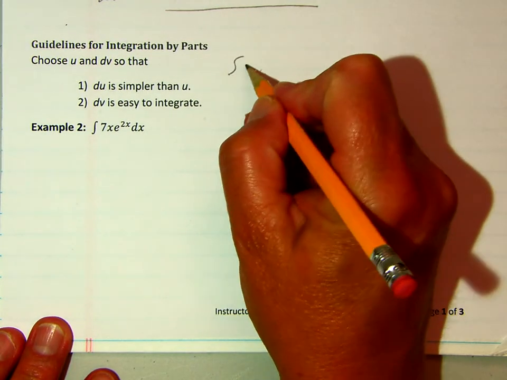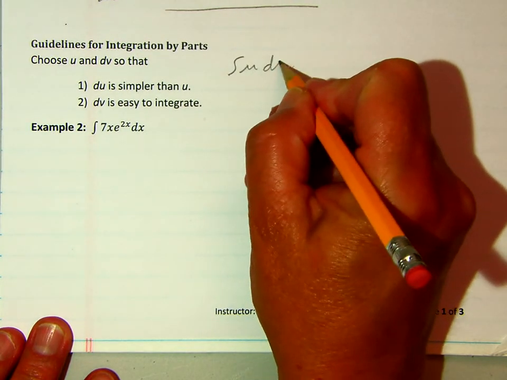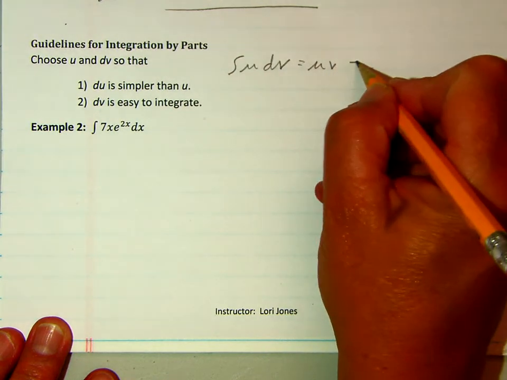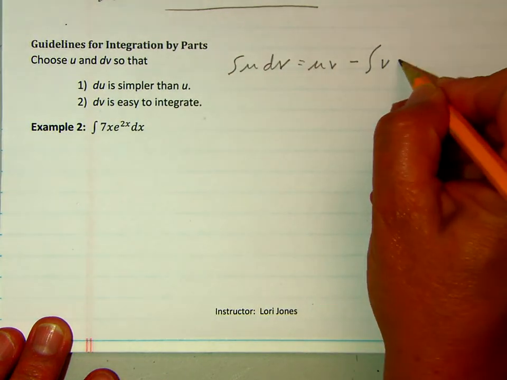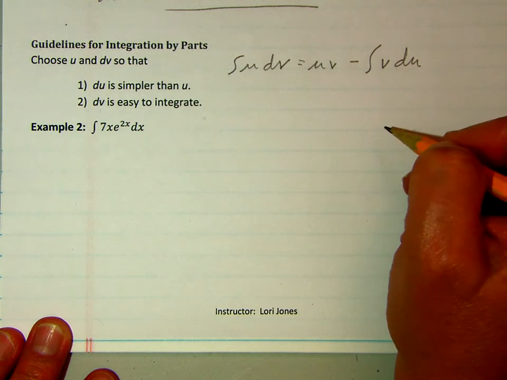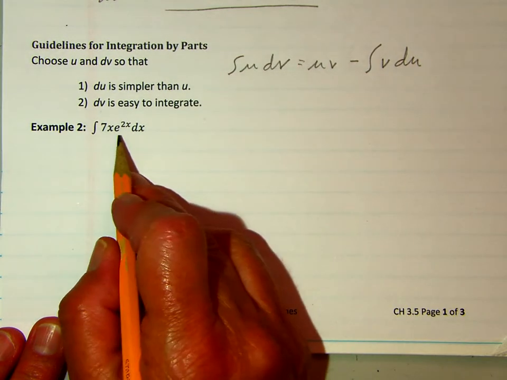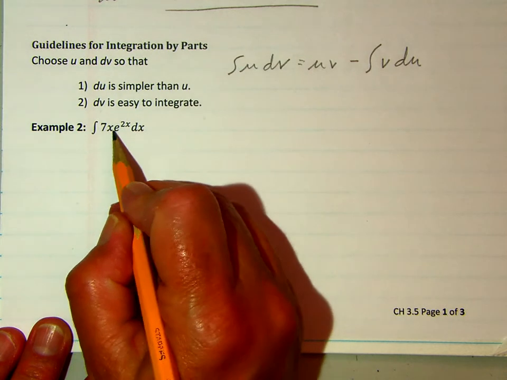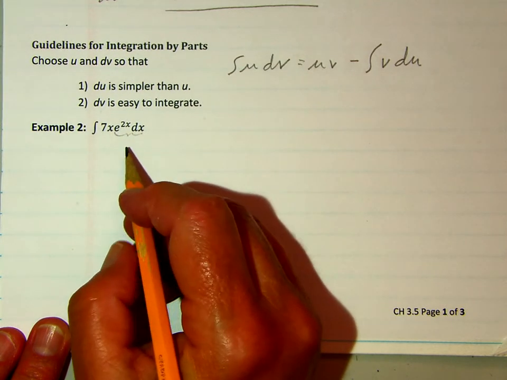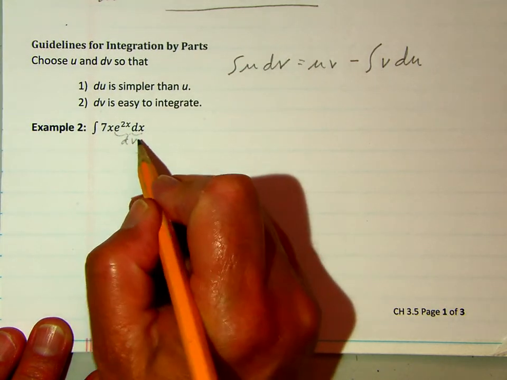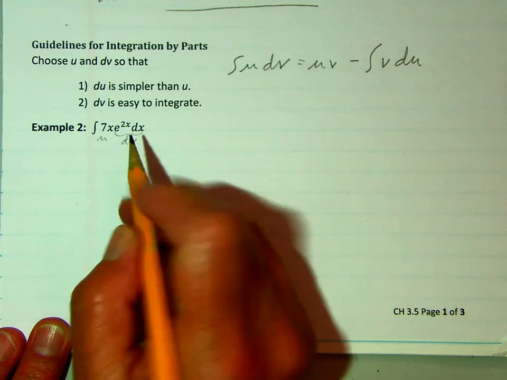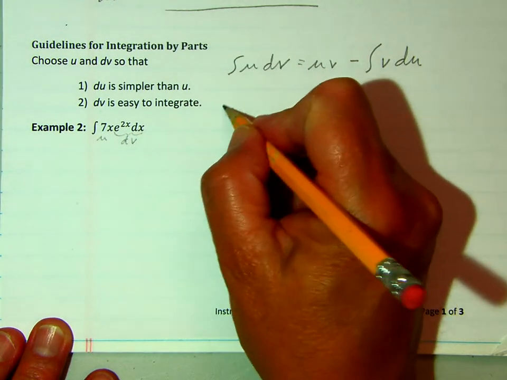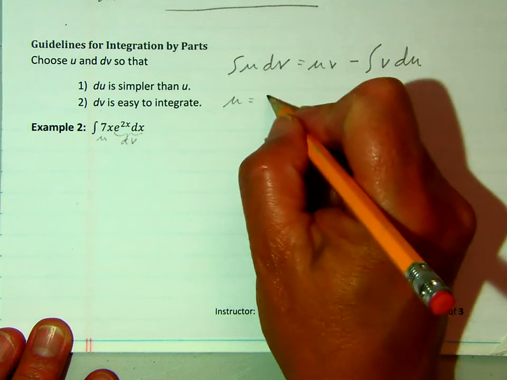So the integral of u dv is uv minus the integral of v du. So I see here I've got 7x e to the 2x dx. I'm going to just select that to be my dv and this to be my u.